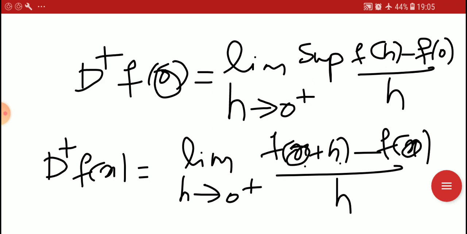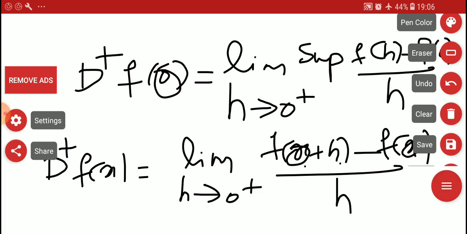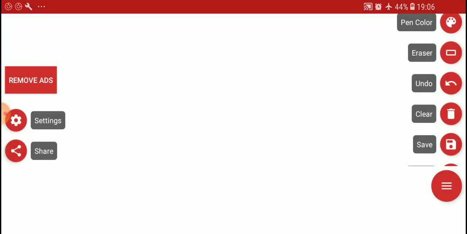That is the definition of the upper right derivative. Here x = 0, so it becomes (f(h) − f(0))/h.